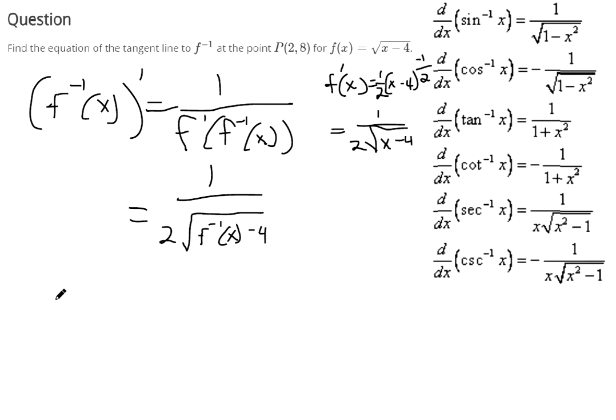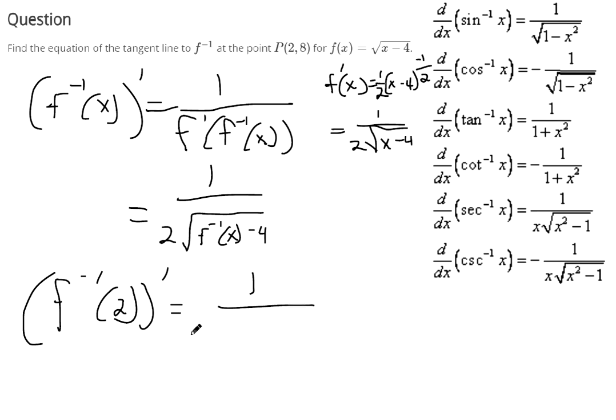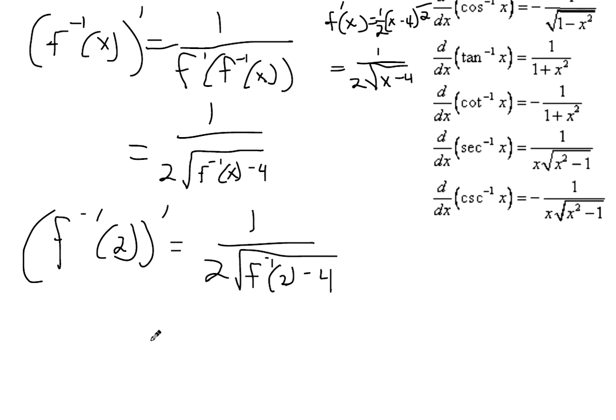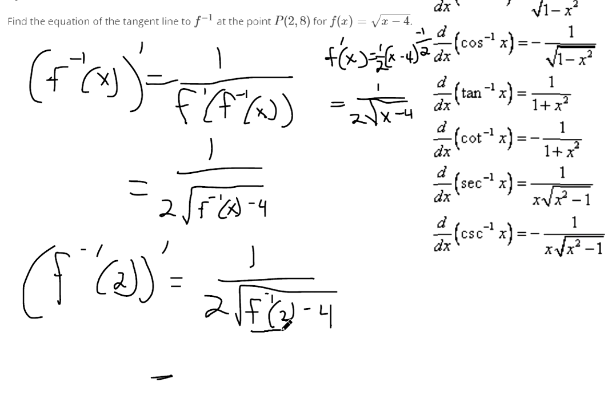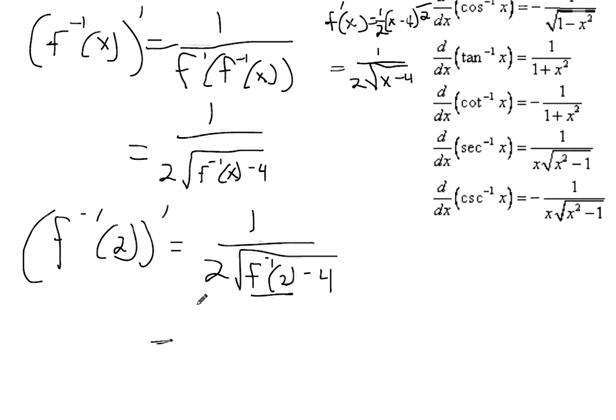Now if they want this at the point (2, 8), that means they want 2 for x. So we're just plugging a 2 everywhere we see an x. And we already know what this value is because we have a point. If you plug in 2 for x, you get out 8 for y in the inverse function, because this is a point on the inverse function.